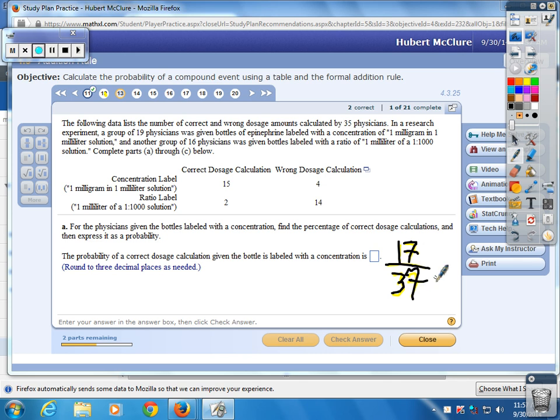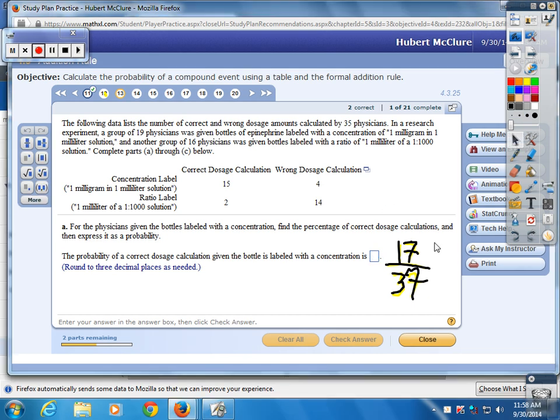So what would the complement of 17 out of 37 be? 20. 20 out of 37 would be not correct. And they'll probably ask you that on the next question, because some of them have 3 or 4 parts. Some of them don't. So 17 out of 37.